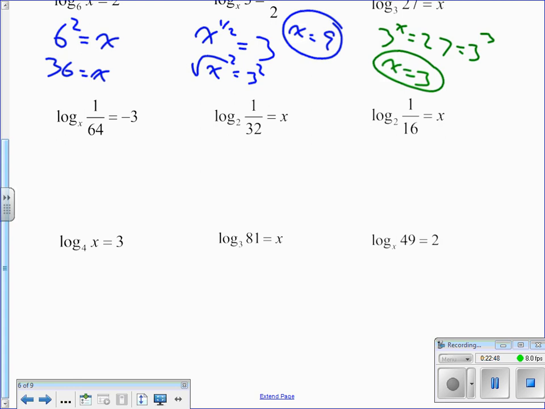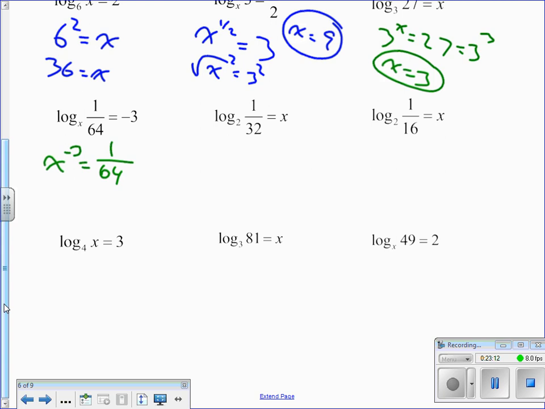Okay. So this is x to the -3 power equals 1/64. I can't make 1/64 x to some power.